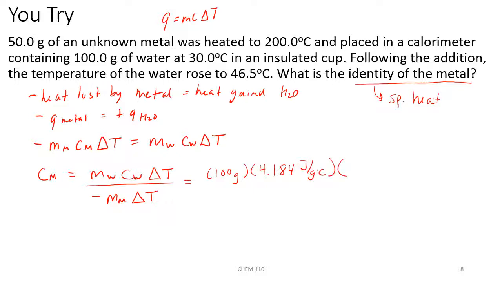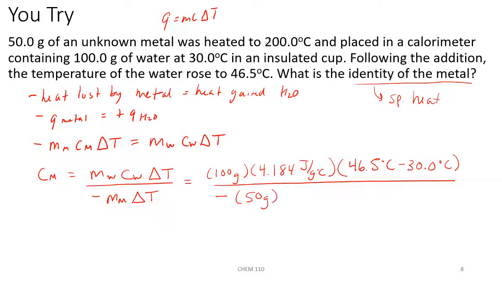Our temperature change of our water is going to be our final minus our initial. The final temperature of the water was 46.5 degrees Celsius minus our initial temperature, which was 30 degrees Celsius, divided by our mass of our unknown, which was 50 grams, times the change in temperature. Since the metal and the water will be together, they will both attain thermal equilibrium.